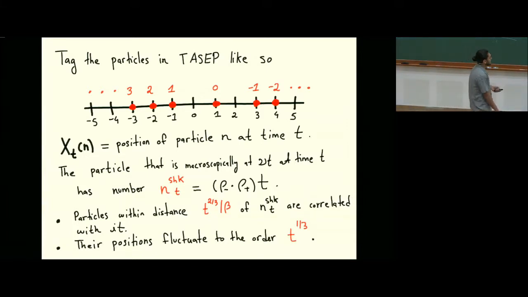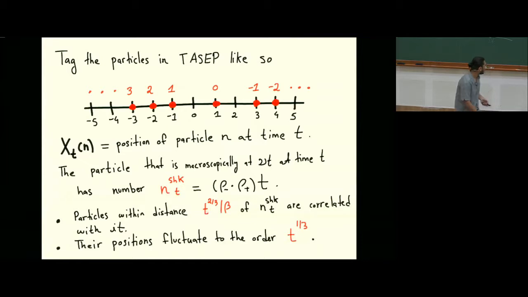All right? Okay, and now the question about the length of the window. It turns out that if you look at the shock centered around this n shock of t, the particles which feel the shock are within distance t to the 2/3 over beta of this n shock particle. So the window is about order t to the 2/3 divided by beta.